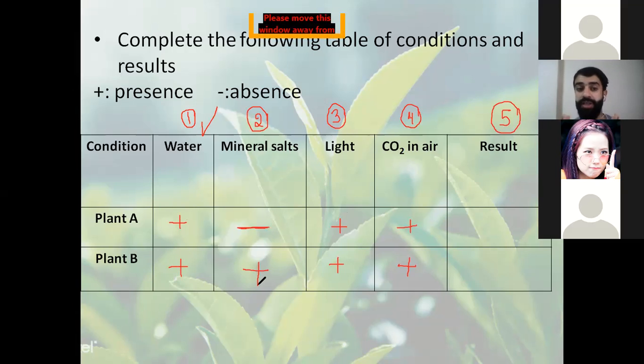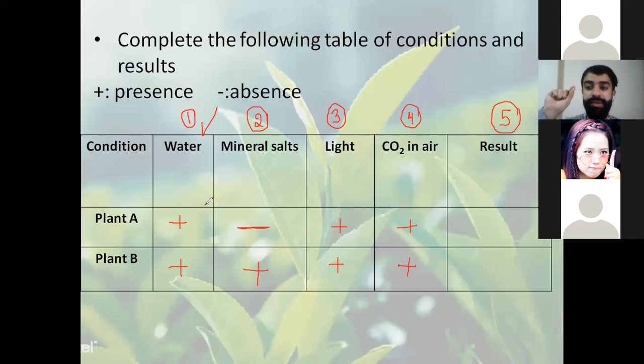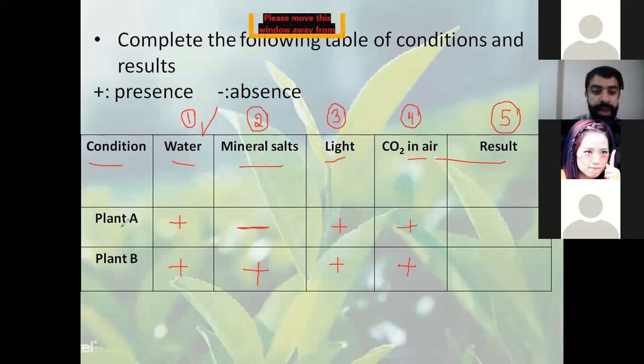Before I fill this, I have to draw the table, Hassan, using what? A pen or a pencil? Pencil. And I fill it. I write the condition, water, mineral, light, CO2, result, plant A, plant B, and these pluses and minuses using a pen.